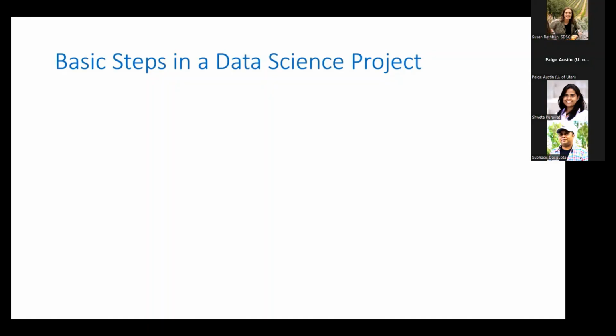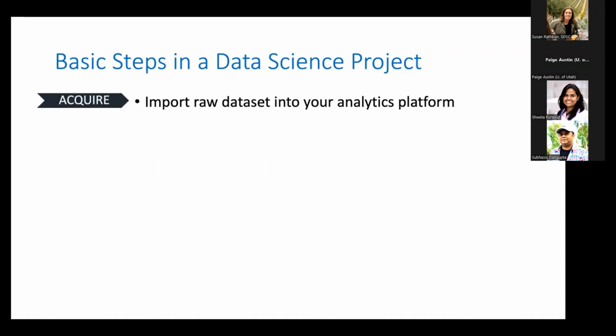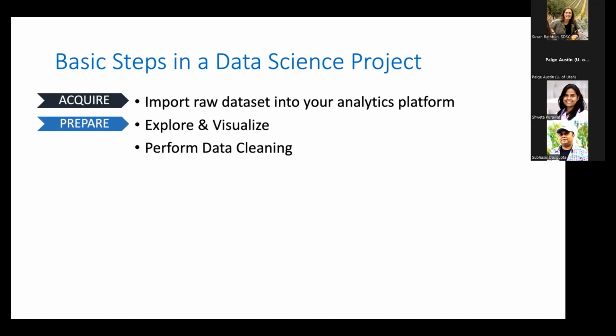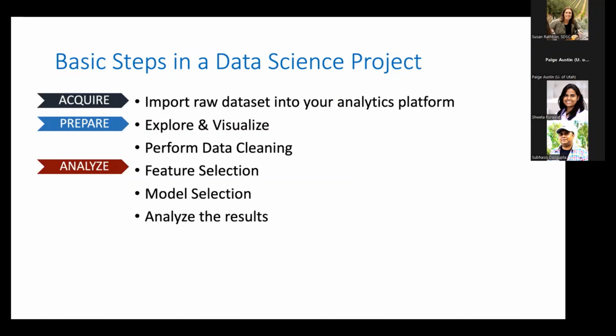Let's go over the basic steps in data science projects. So, acquire. To acquire, import raw data sets into your analytical platform, is one of the first steps. Then you prepare the raw data, you explore, you visualize, you perform data cleaning, then you analyze the data, you create features on top of that, you do a model selection, you analyze the results, and then you present your findings.